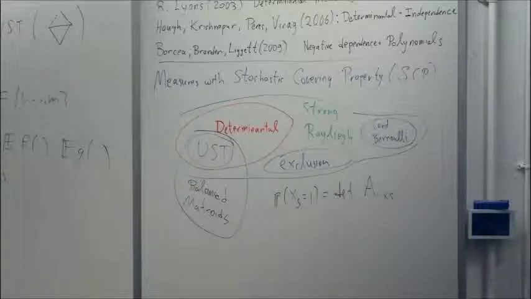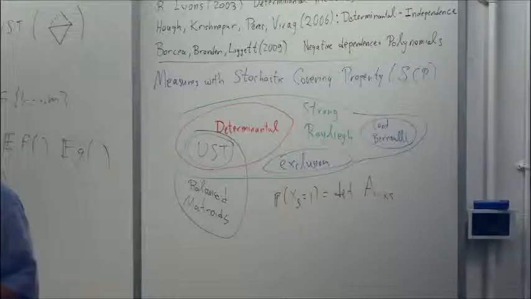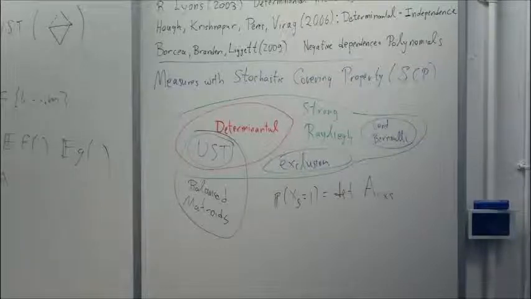So for a general matroid, the uniformly random basis does not have the SCP? No. Do we really need the homogeneity property? Well, as I said, in the strong Rayleigh case, you don't need homogeneity.